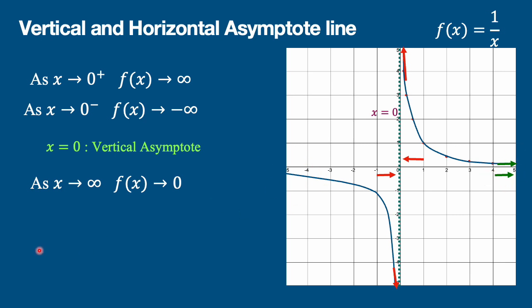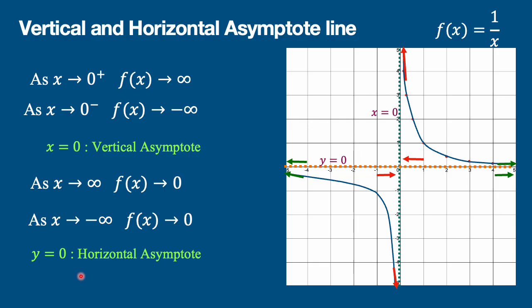On the other side, as x approaches negative infinity, going in the opposite direction, the graph gets close to y equals 0, right? That's the x-axis. So as x approaches negative infinity, f of x goes to 0. That's a horizontal line, and the name of this equation is y equals 0.